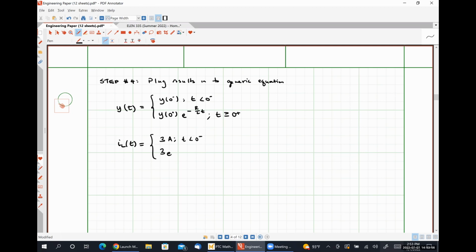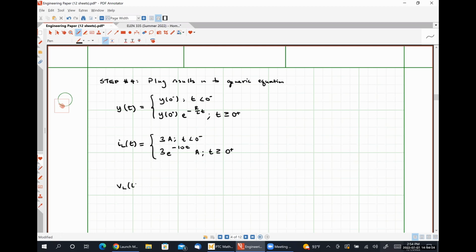And then we're going to have e to the minus, REQ was 10 ohms, and L was 1 Henry, so this is going to look like 10 over 1, or negative 10t, amps, for t greater than or equal to 0 plus.